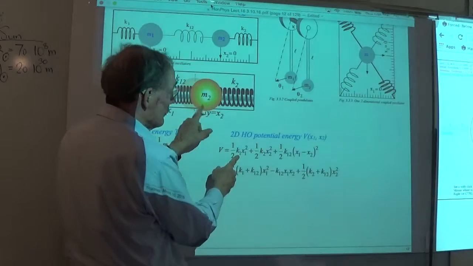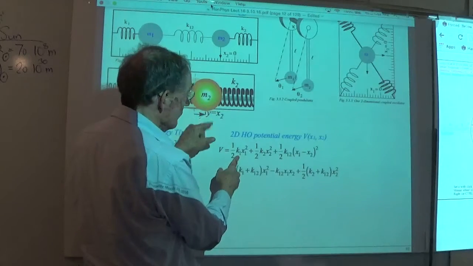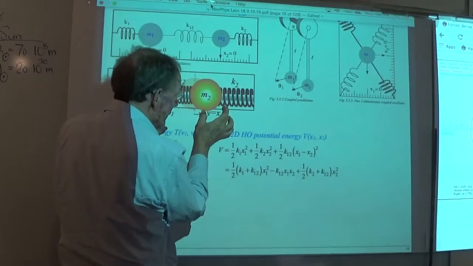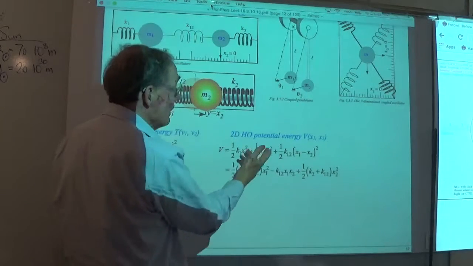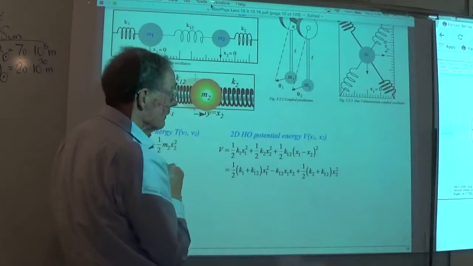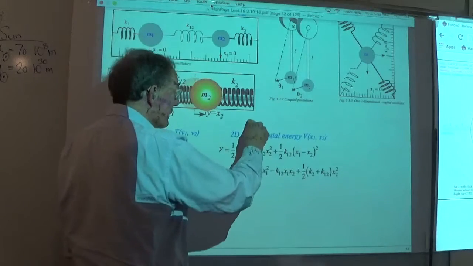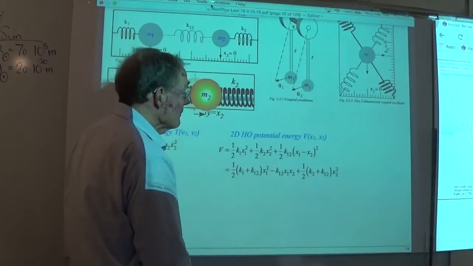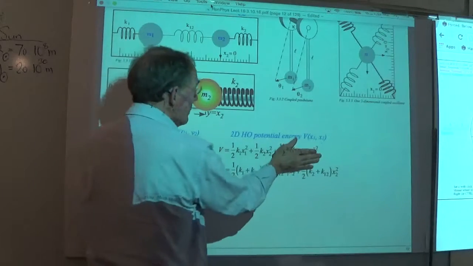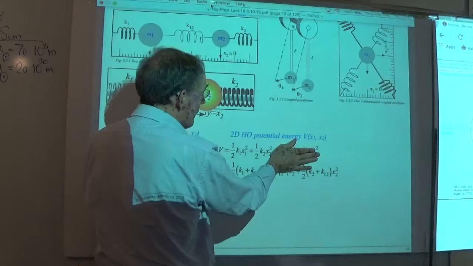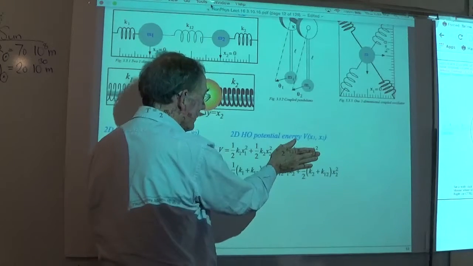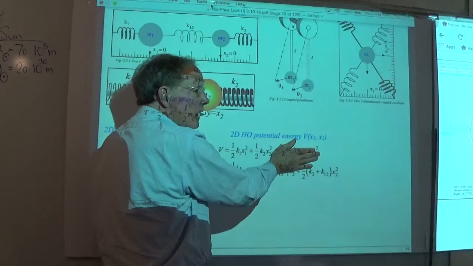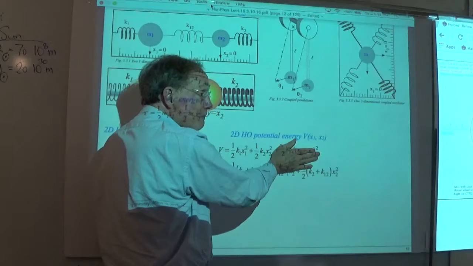And then there's another term for this one being moved. And it doesn't matter whether you move it this way from equilibrium or that way, you're still going to be adding the same amount of energy. This is a parabola in the x1 thing, and so is that one. And that would just be two oscillators, an isotropic oscillator if the k1 was equal to k2, that we had studied for the Earth, right?